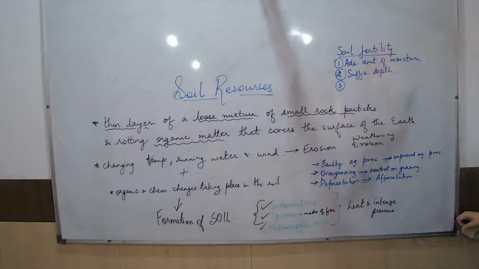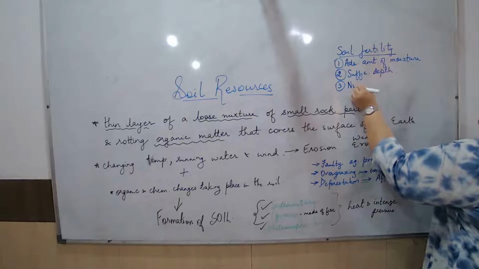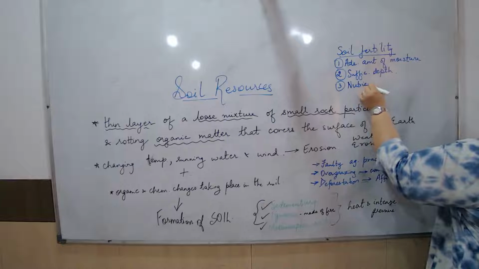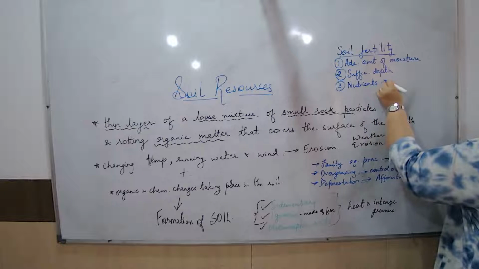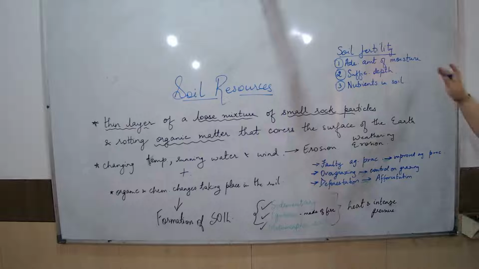Third, what does it need? Rich in nutrition such as nitrogen. Correct. It needs nutrients in soil to enable plant growth, right? If there is moisture but the soil doesn't have any nutrients, it's not going to grow. Like in your house also, if you have plants, don't you need to put manure in between sometimes and enrich the soil, right?